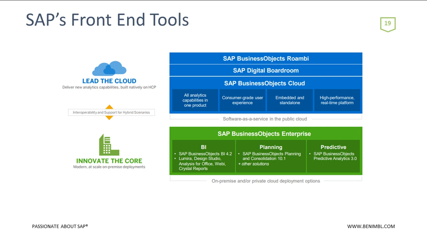And with Analytics Cloud, you also have the option for the digital boardroom, which is a tool that allows for touch screen, multiple TVs in the room with reports in there where you can have meetings and literally drill down into the data as the meeting is happening.